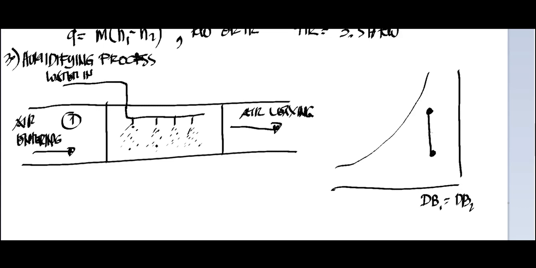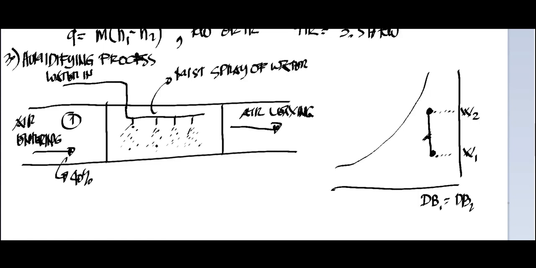So there is a change in moisture content since the air is absorbing moisture from the mist of water. So the mist will be the moisture content of air here. Let's say the RH of air here is maybe around 40%, and the air as it passes through this mist spray of water here is also at constant temperature.